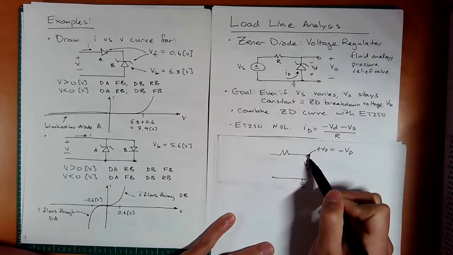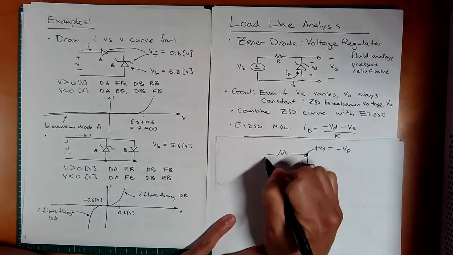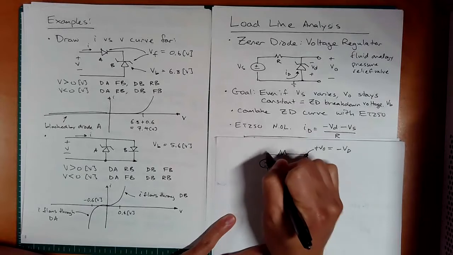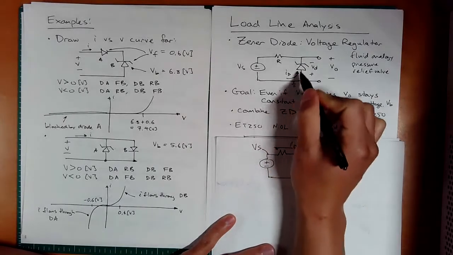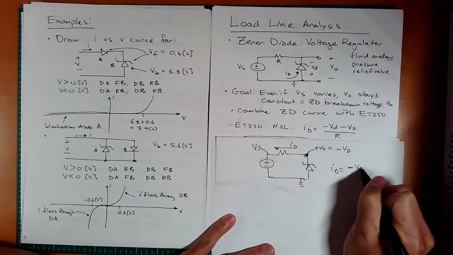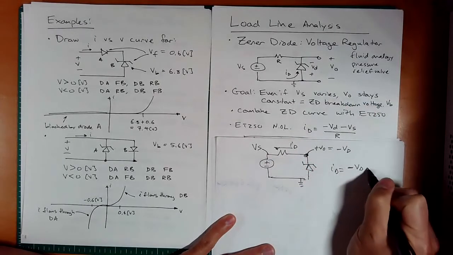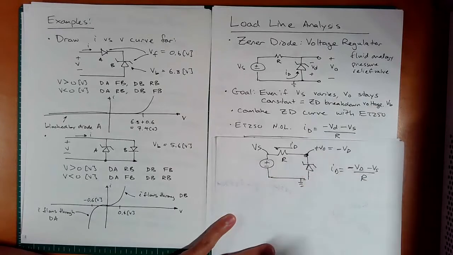The voltage from here to here is actually minus VD, and the node voltage here is VS. So if ID is pointed in this direction, if I follow that arrow, ID is equal to minus VD minus VS over R, where this is R. And that's why you get that equation.